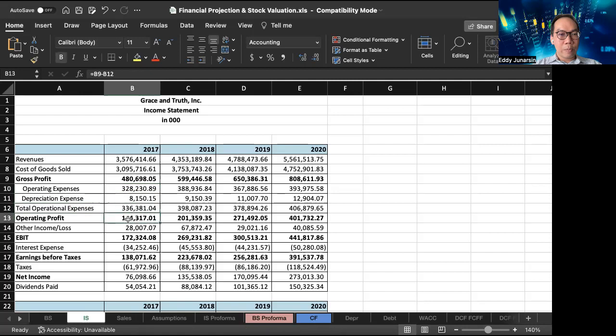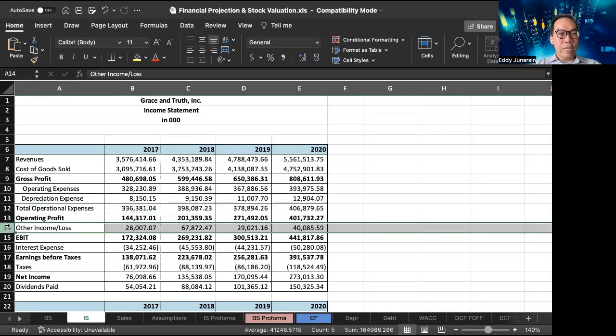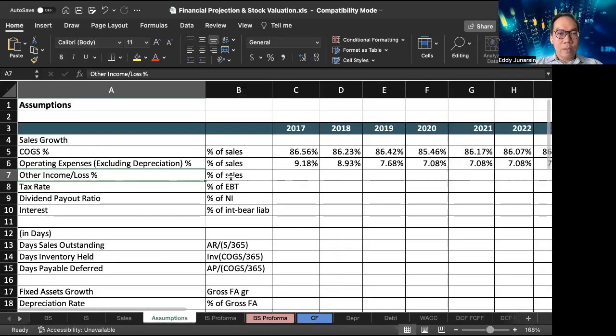What else? Operating profit. Okay, this one: other income or loss. It's like extraordinary items. Again, you can use many other methods. You can assume that the amount will remain the same for the next 10 years, because you could say the extraordinary activities, some positive cash flows or positive income, some negative income or loss, might balance each other out, they cancel one another out.